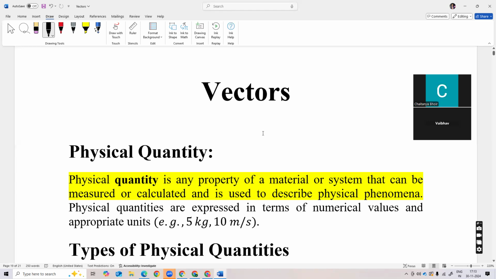Okay, so we will start with vectors. First, let's understand what a physical quantity is. A physical quantity is any property of a material or system that can be measured or calculated, and it is used to describe physical phenomena.